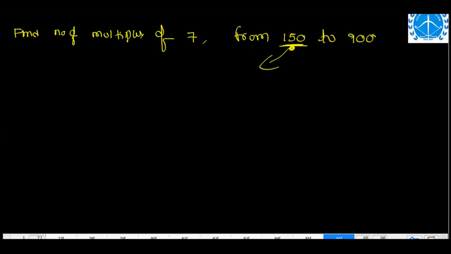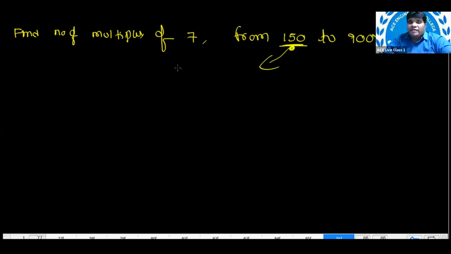No, sir. So after 150, what is the multiple of 7? 154. 7 twenties are 140, so 3 extra, 4 added. 154 is the first multiple of 7. Next, how much is added? 7. 161, like that up to 900. Is 900 a multiple of 7?